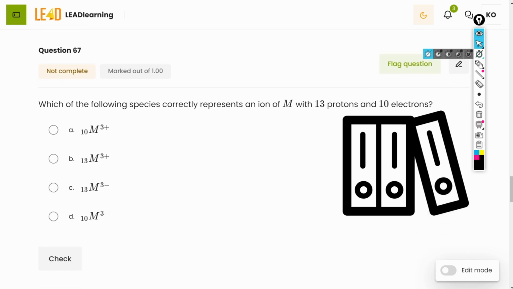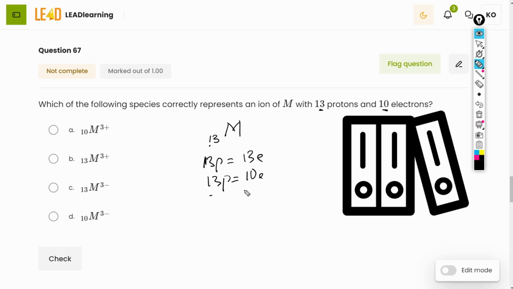Question 67. Which of the following species correctly represents an ion of M with 13 protons and 10 electrons? So if M has 13 protons, that means proton number is 13, but it has 10 electrons. Now proton number is supposed to be equal to electron number, but right now we have 13 protons and just 10 electrons.